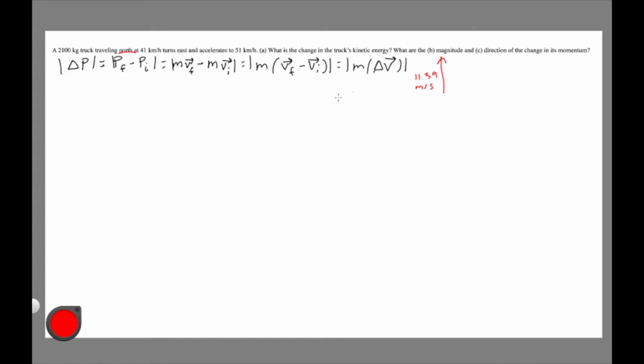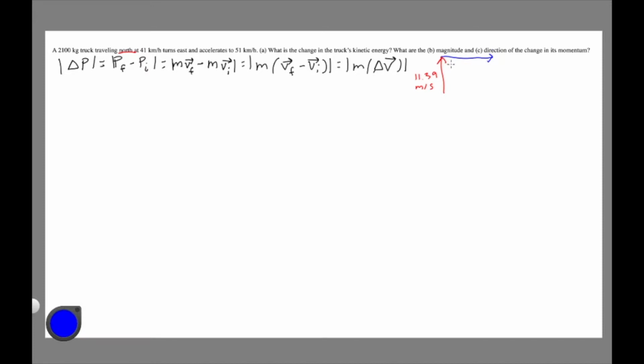And then we know that the truck turns east and then accelerates or goes faster, and then it reaches a speed of 51 kilometers per hour. So let's go ahead and draw another vector here in blue going east or to the right. And let's make this vector a little bit bigger than the first vector because it's going a little bit faster.